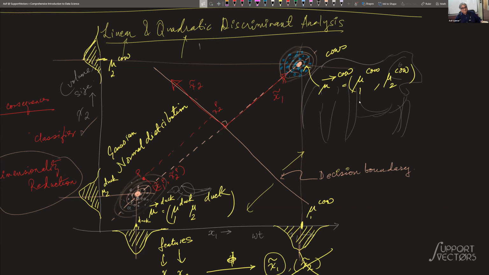And so the center of gravity, the center of mass, if you want to think of it, of the data points, which is the two-dimensional mean vector of the ducks and the two-dimensional mean vector of the cows, or more intuitively, the center of gravity points of the two, they would be separated, right?